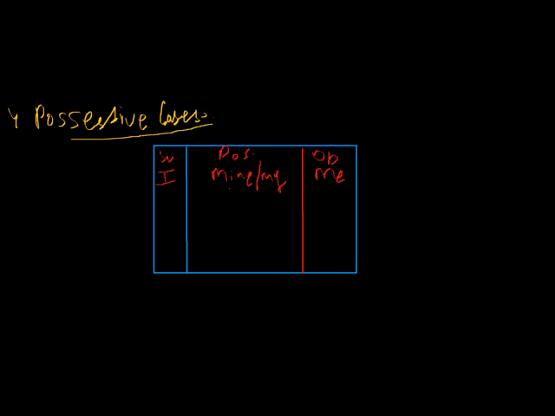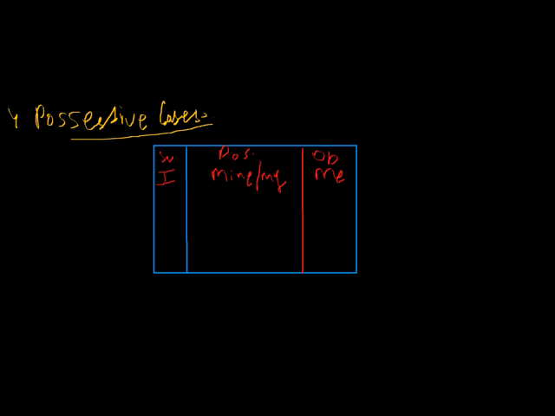Possessive, you simply have to learn, shows the work of possession, like this football is mine and this football belongs to me. This is an objective sentence, and this is a possessive sentence. This football is mine. So this shows a work of possession.